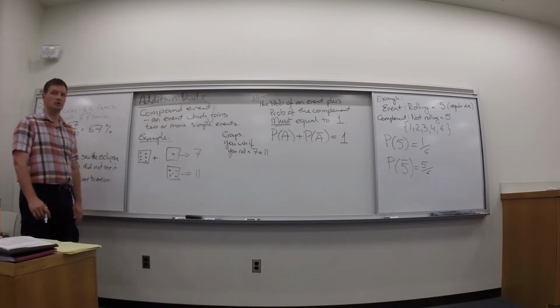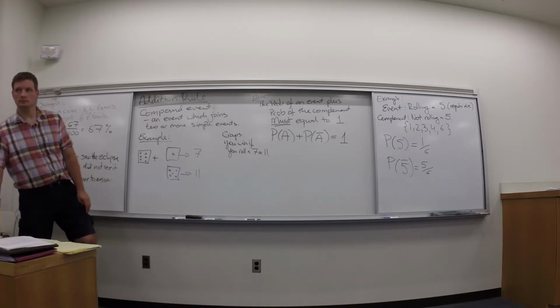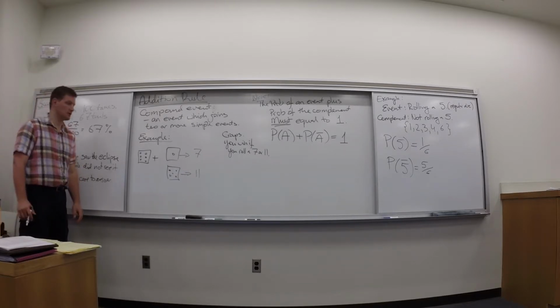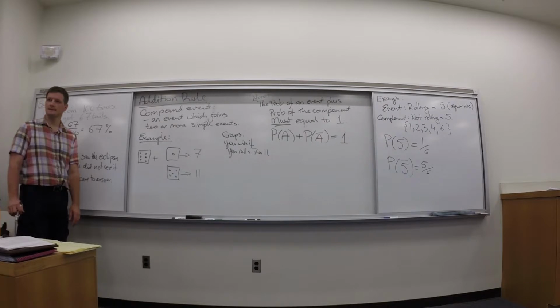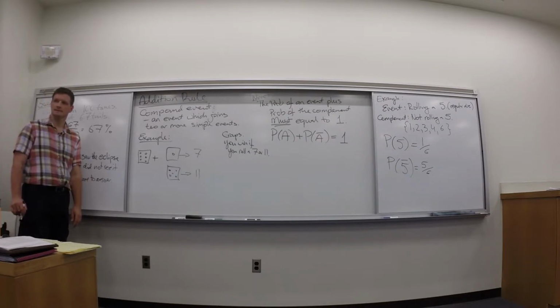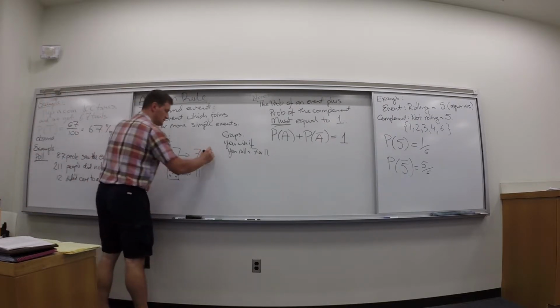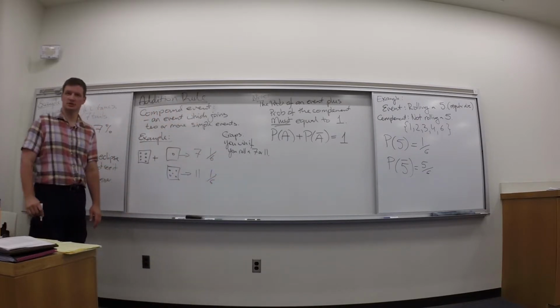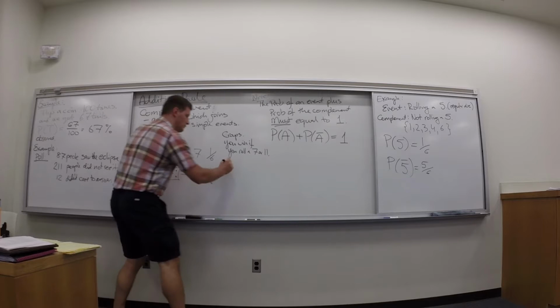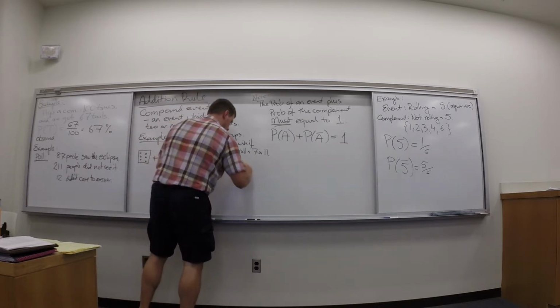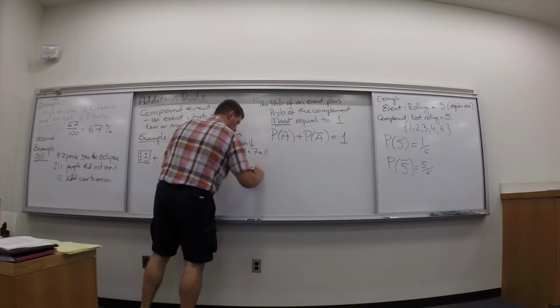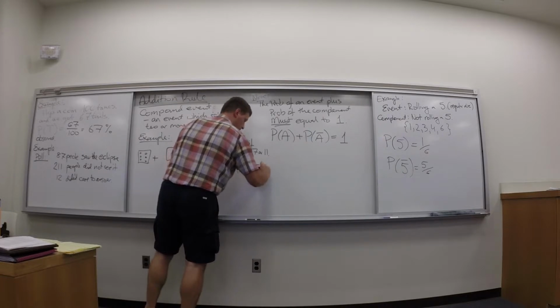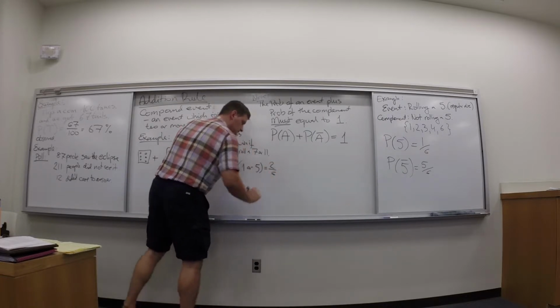So what's the probability of winning here? A third. How did you get that? 6 options, and you have 2. This is 1 out of 6, this is 1 out of 6. So in our case, the probability of 1 or 5 is 2 out of 6.